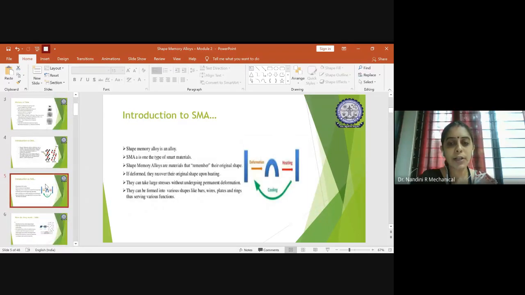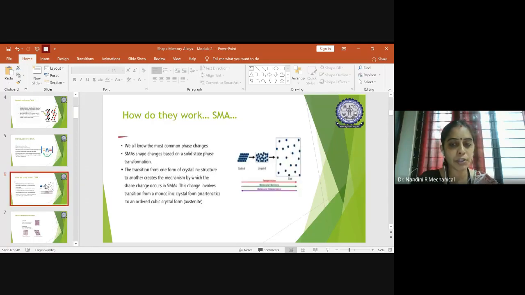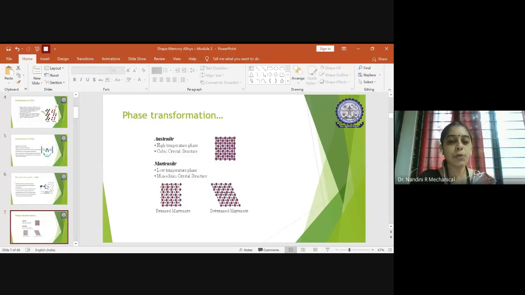So we spoke about the introduction, how the deformation comes into picture when heating, and when cooled back, how it goes back to its original position. So we spoke about their working nature. Then we spoke about the phase transformation across the austenite and martensite phases. The austenite phase is at the beginning.